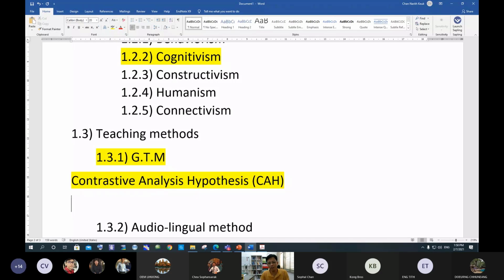So what we can do to help our students learn better is to analyze the contrastive elements of the 2 language systems. So fragment sentences result from the differences between the systems of the 2 languages.